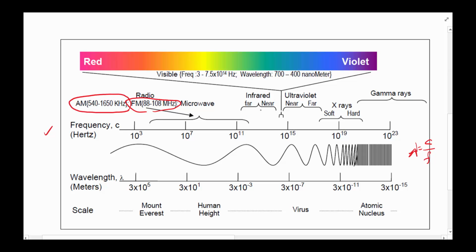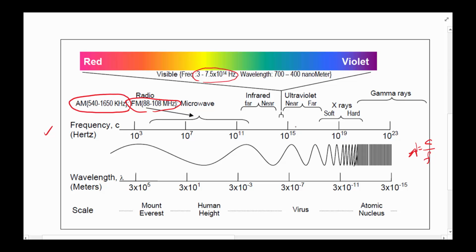Then we have a whole bunch of colors: infrared and ultraviolet, and they're based on what visible light is. Red is the bottom of the spectrum, with the lowest frequency. Violet has the highest frequency, and those are the visible range. But as you can notice, the visible range occupies a very, very small part of the spectrum.